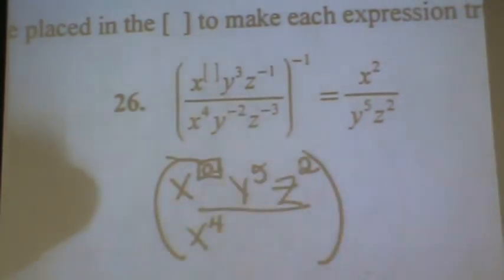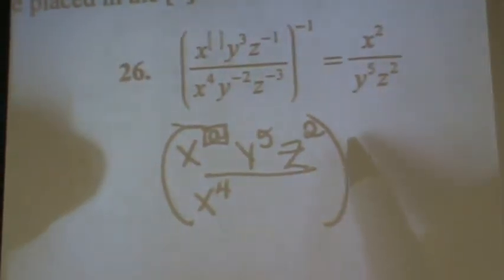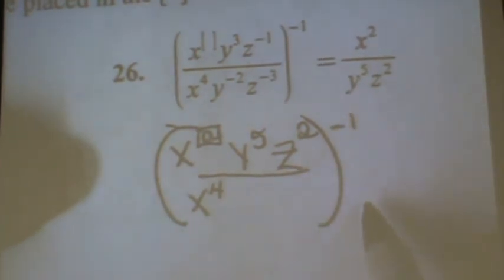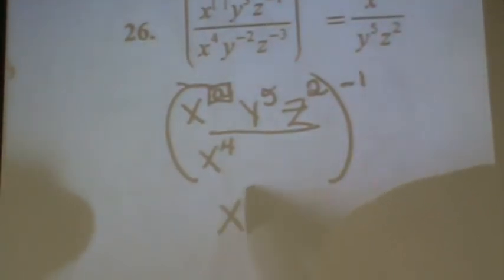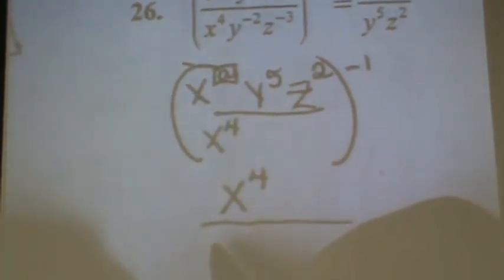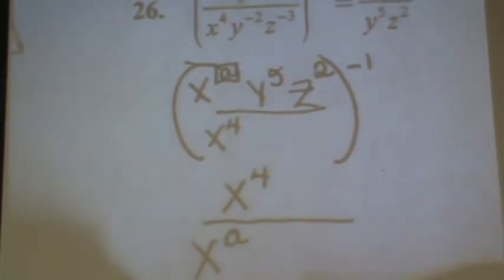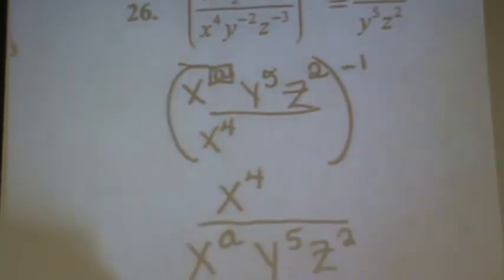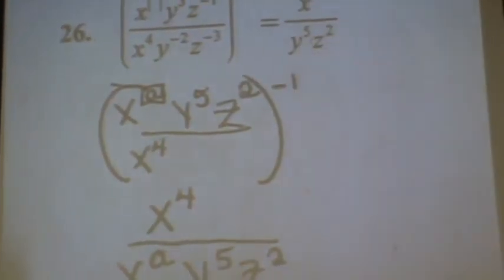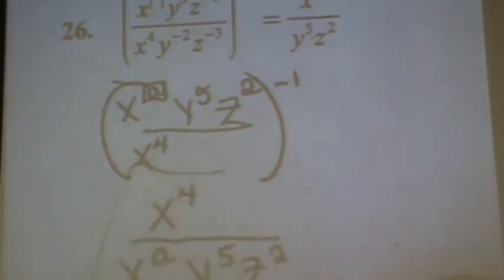We'll call it a. So now, all of this is raised to the negative 1 power, which means this whole problem has to be flip-flopped. So in other words, we have x to the 4th on top, and then on the bottom we have x to the a power, and then y to the 5th and z squared. Well, if we look at what we want here, these are exactly where we want them. So we want to look at these two right here.